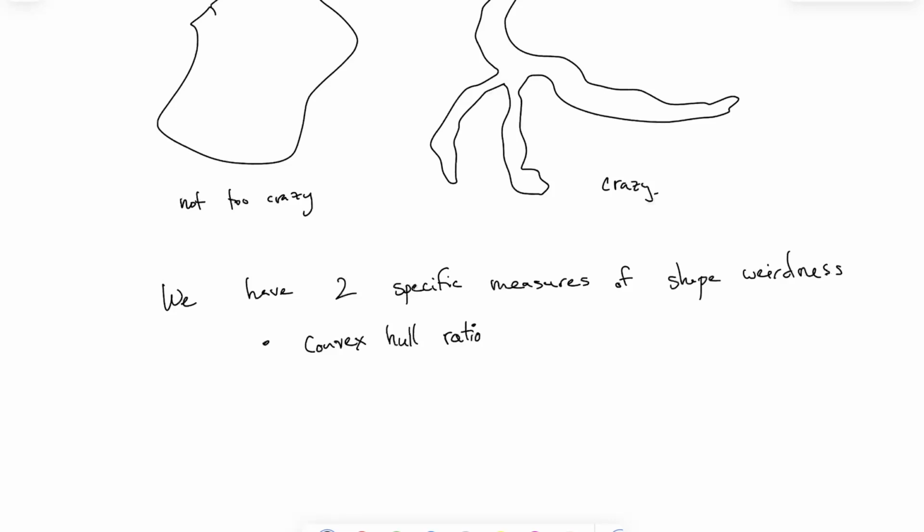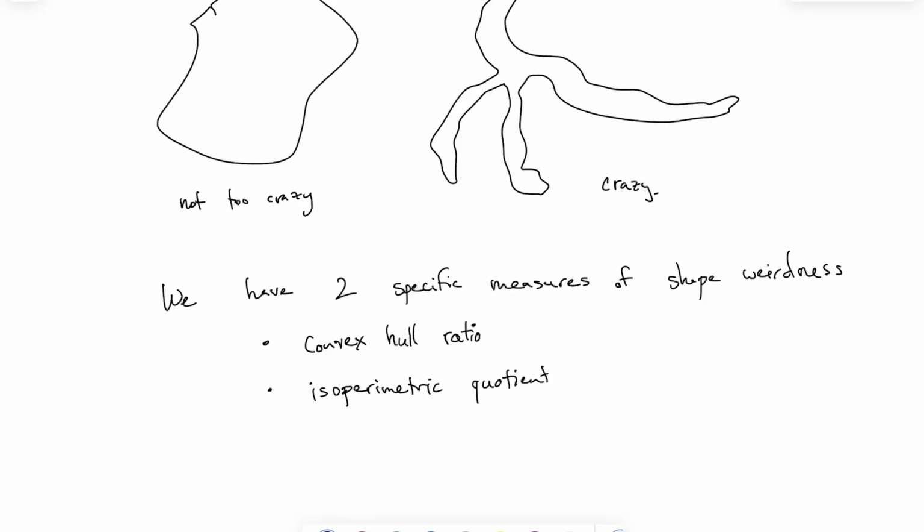And then the second one has an even fancier name. It's called the isoperimetric quotient. How do you like that? These are two different specific ways that you can measure how weird a shape is.